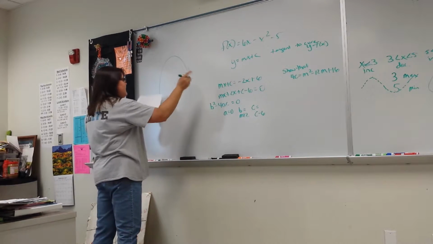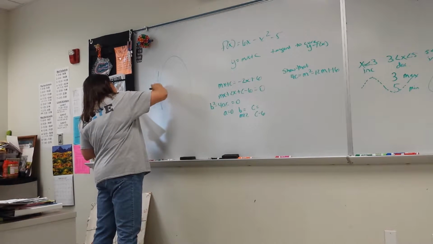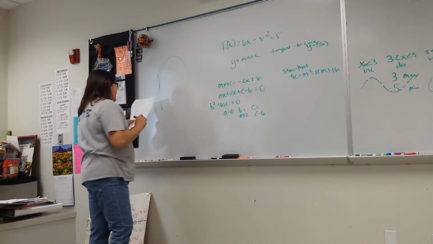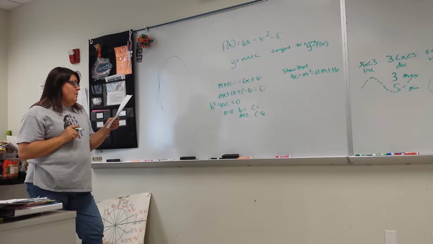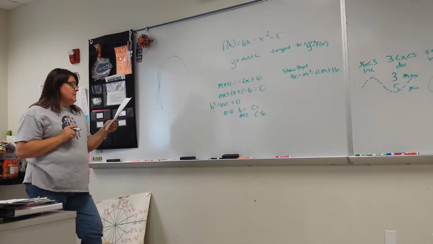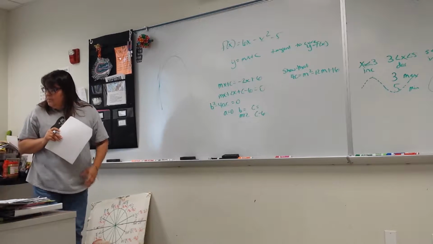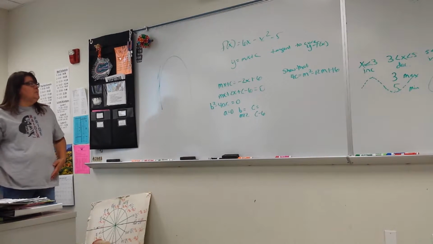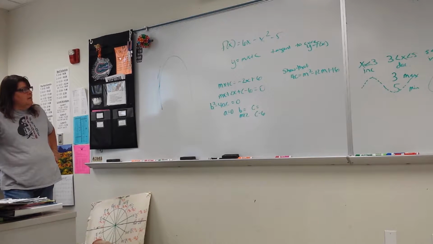And it's telling me that this line, mx plus c, is tangent to the curve, just like that. It wants me to show that 4c is equal to m squared minus 12m plus 16. So what do I have to do to show that?